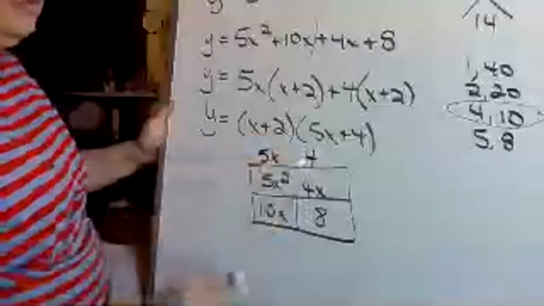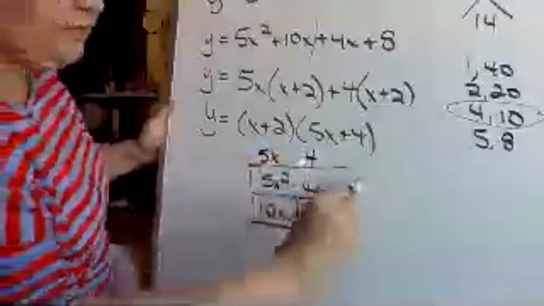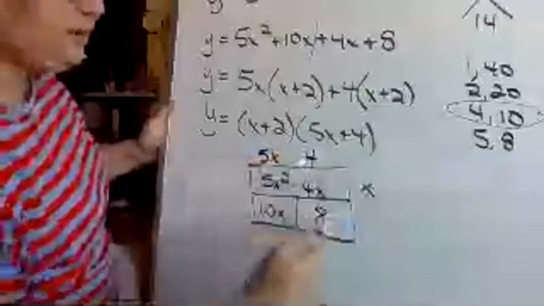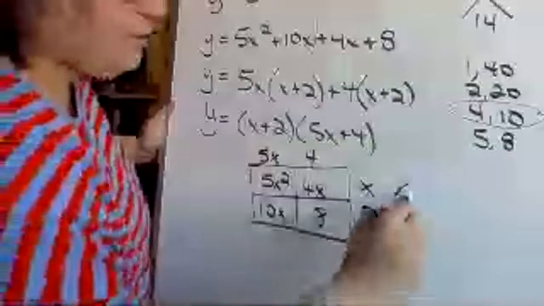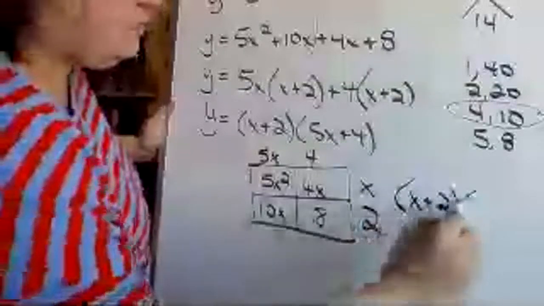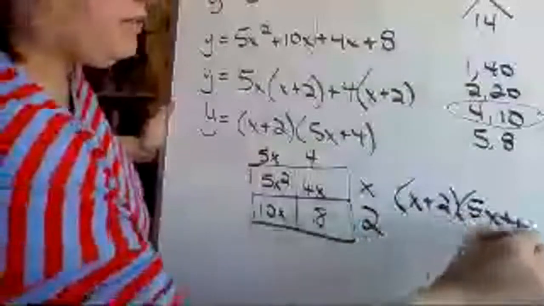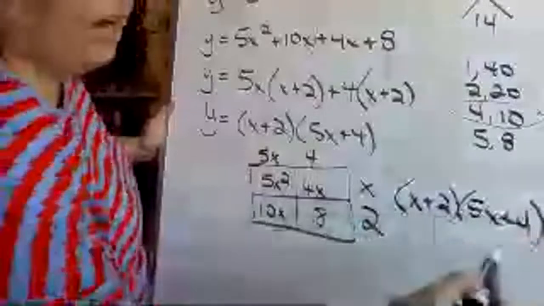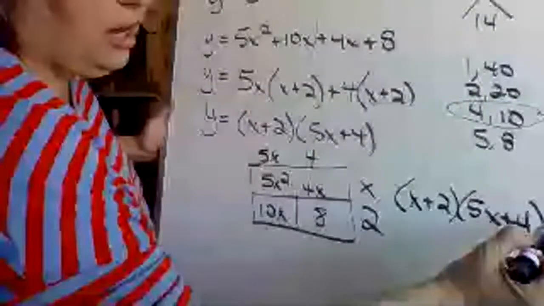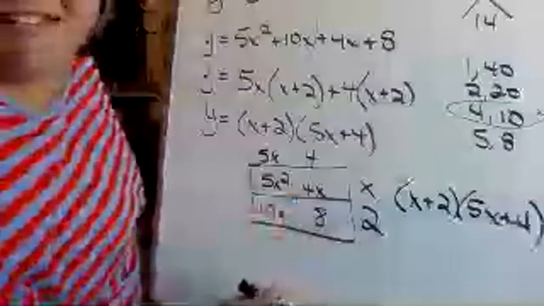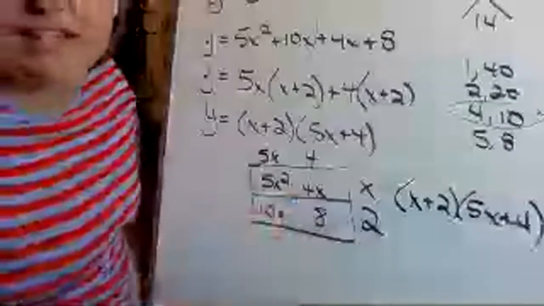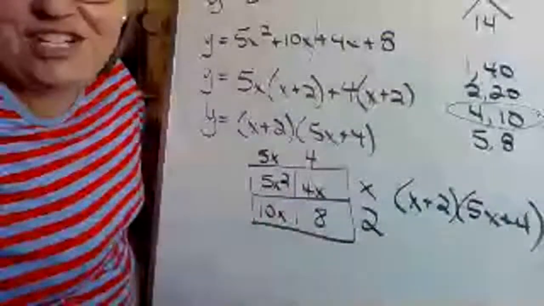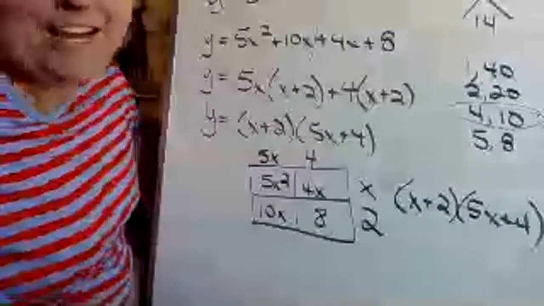A 4. What do these two have in common? An x. What do these two have in common? A 2. And you still end up with x plus 2 and 5x plus 4. Haha. I like that way better. But everybody else likes the other way. Okay, stop cheating. I'm not cheating, brat.